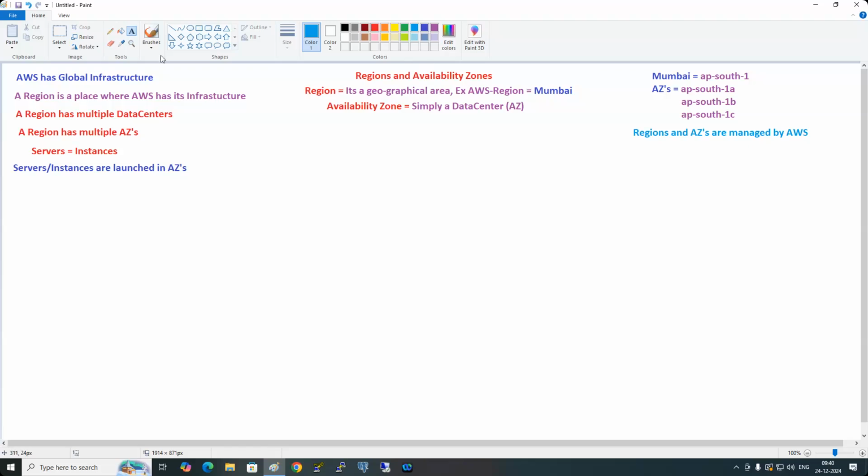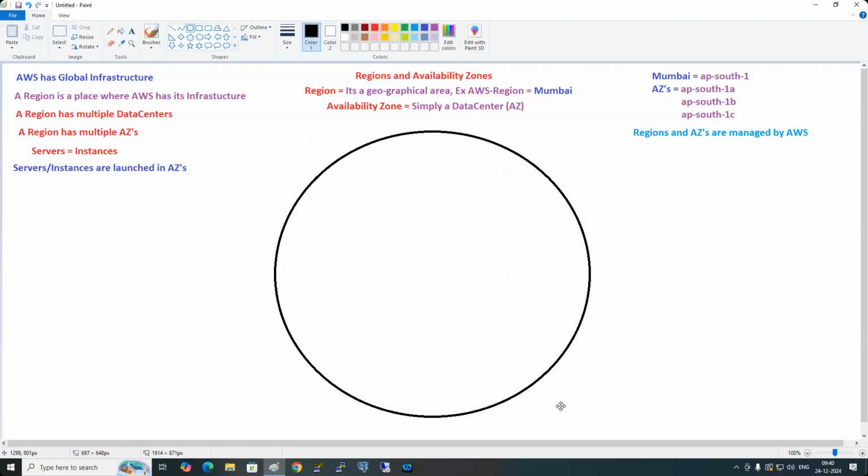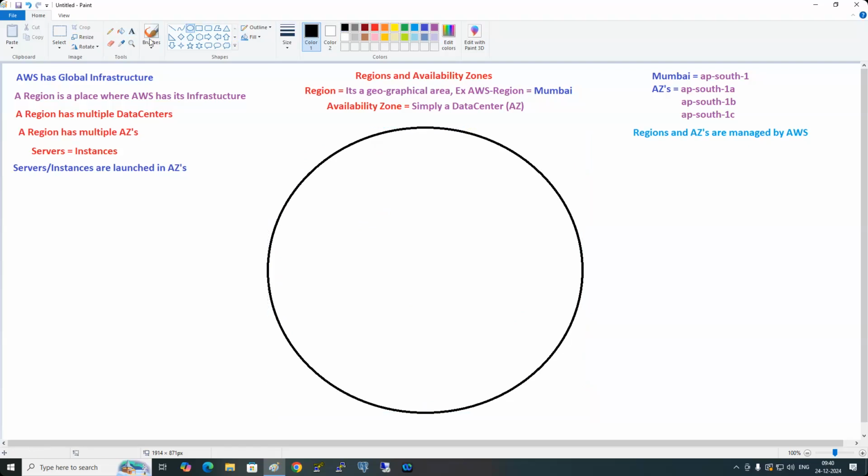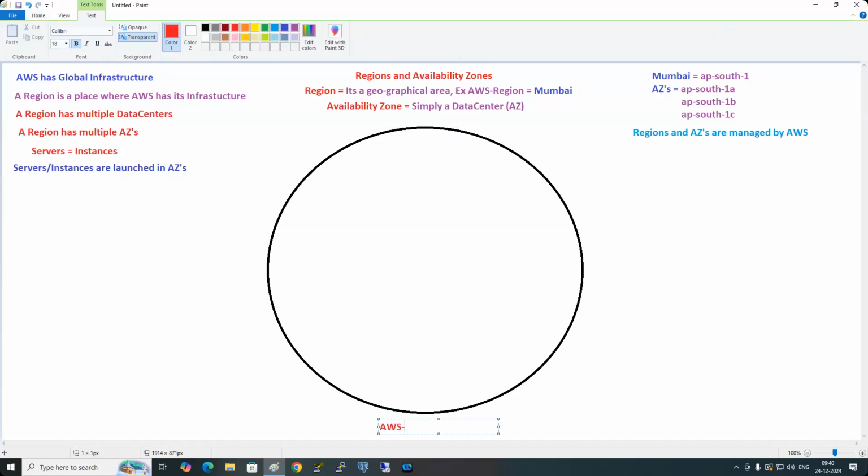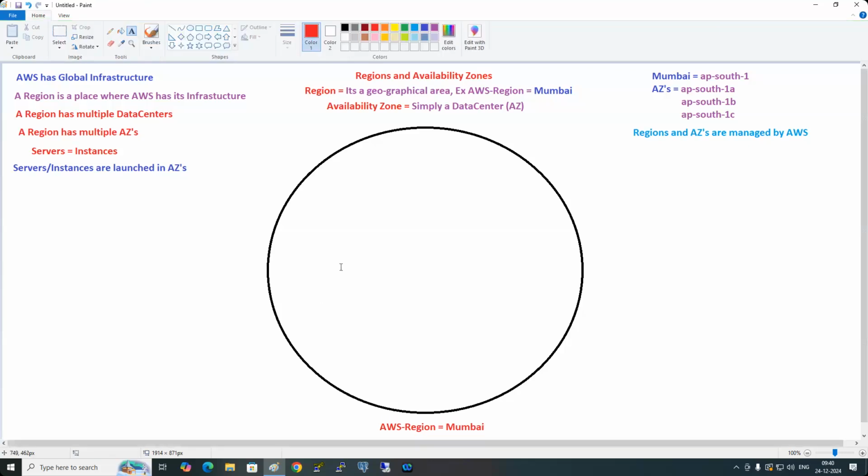Now see here. Assume this is a big AWS. Assume this is the AWS region. Which region are we using? Mumbai. Inside this Mumbai, how many availability zones are there? 3.